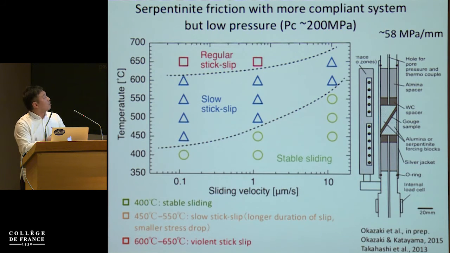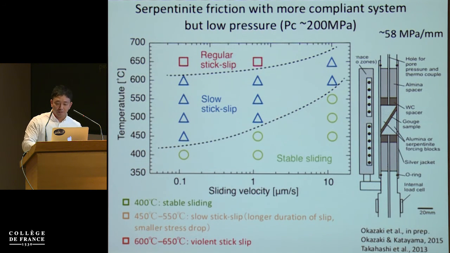This figure shows temperature as a function of sliding velocity and what behavior we observed: slow stick slip, stick slip, or stable sliding. So the sliding behavior depends totally on not only temperature, but also sliding velocity.